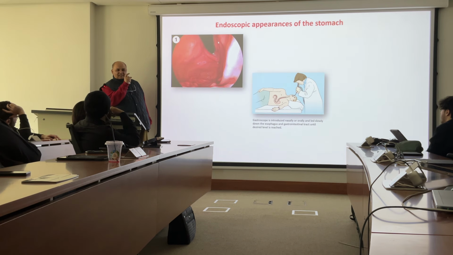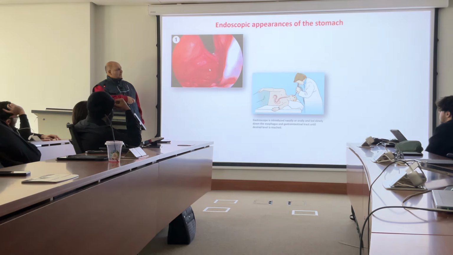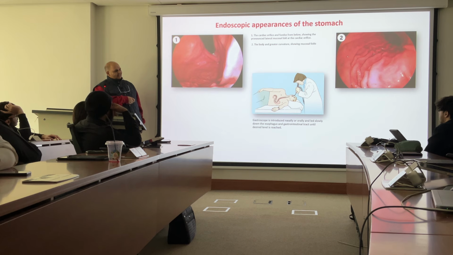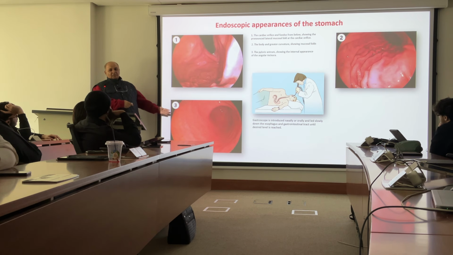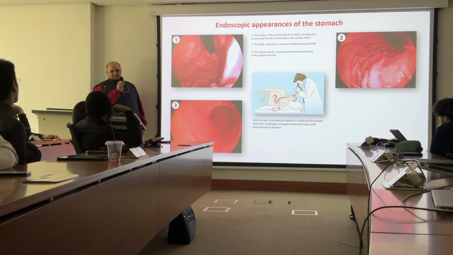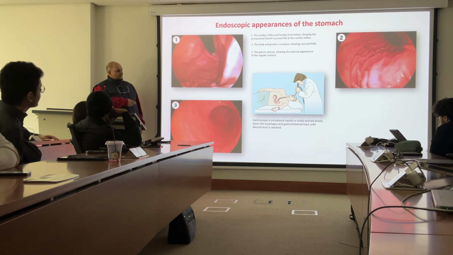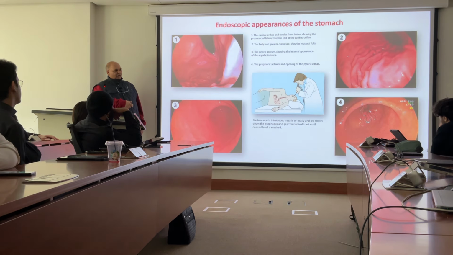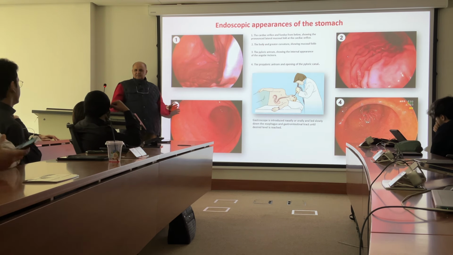I just tilted my eye backwards and I can see the scope coming up and the pattern of rugae is still making. Can you see more organized? I'm somewhere in the middle part across the curvature. I'm close to the pylorus. Rugae are almost gone and I'm at the pylorus. Pyloric sphincter. Are we good?